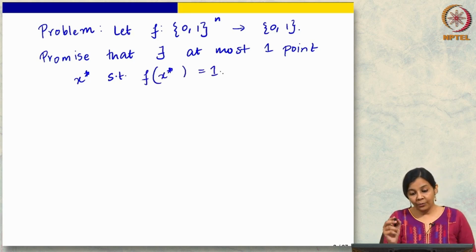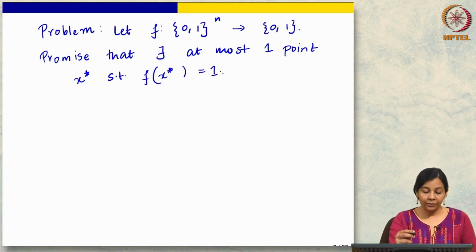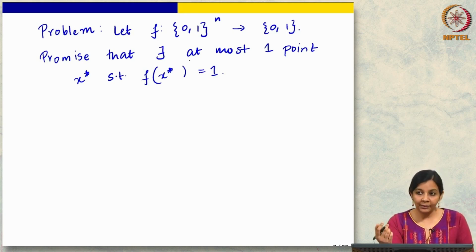I want to note right off the bat that this is a simplifying assumption that there is only one point that satisfies the function. This restriction could be removed, but we will not look at that. We will look at the algorithm with this simplifying assumption. You will see why.